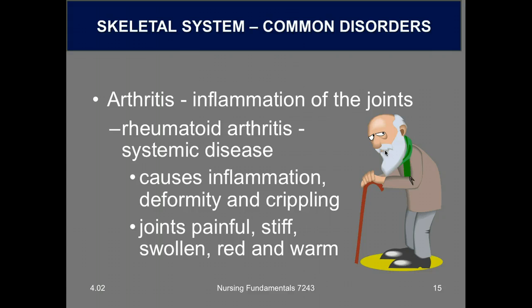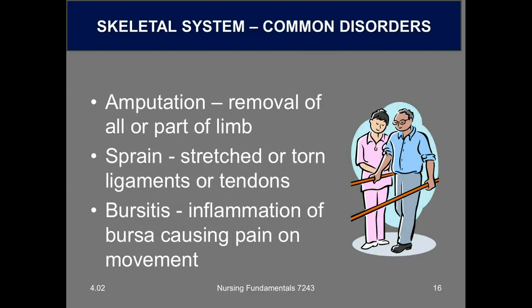Rheumatoid arthritis is a systemic disease. It causes inflammation, deformity, and oftentimes it's crippling. With rheumatoid arthritis, our residents may have painful joints, they may be stiff, their joints are swollen, and oftentimes they're red and warm to the touch.